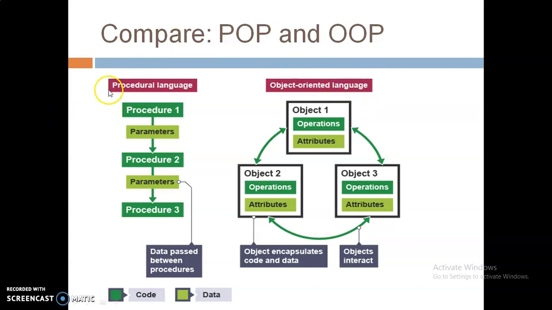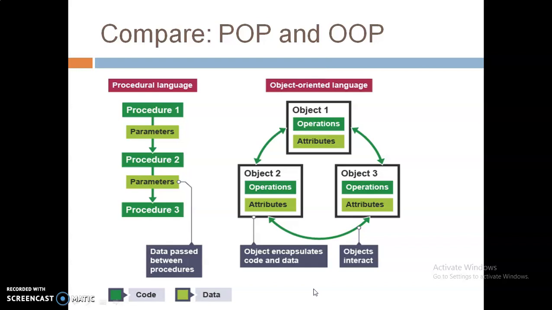See, in procedural languages, procedure 1 operates on some parameters, and those parameters are passed on to procedure 2. Again, procedure 2 operates on those parameters, and they will be transferred to procedure 3.